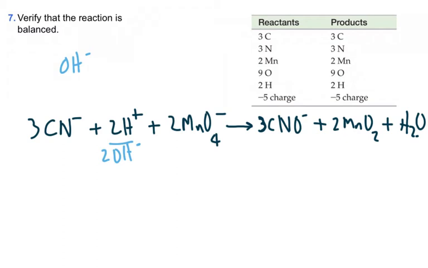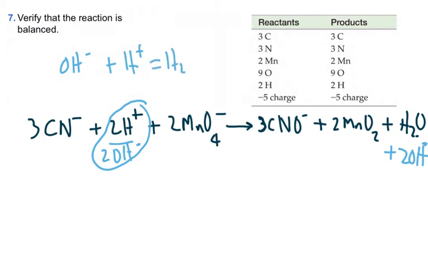So if I add 2 hydroxides on the reactant side, I need to add 2 hydroxides on the product side as well. Remember that hydroxide and hydrogen ions combine to form water. I shouldn't put an equal sign, but they combine to form water.